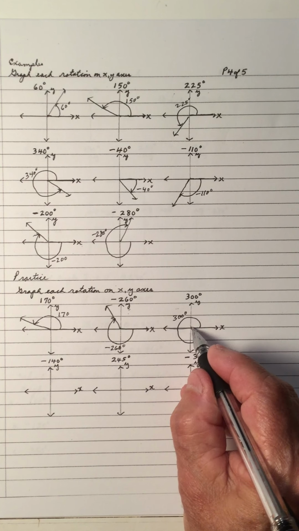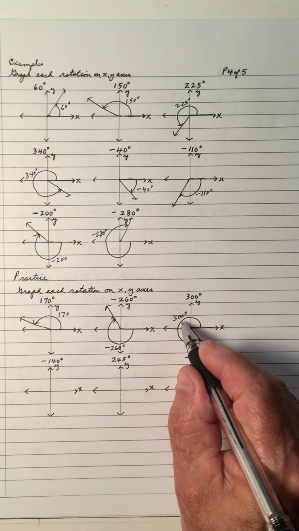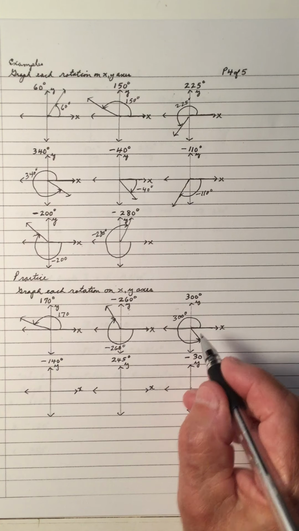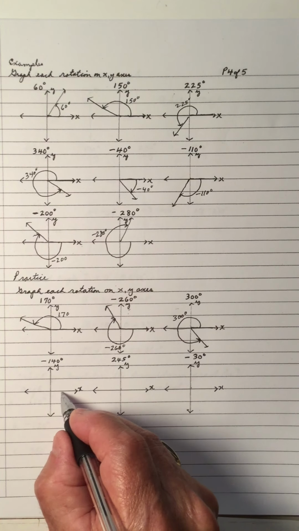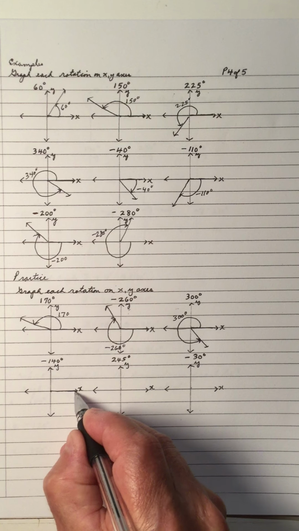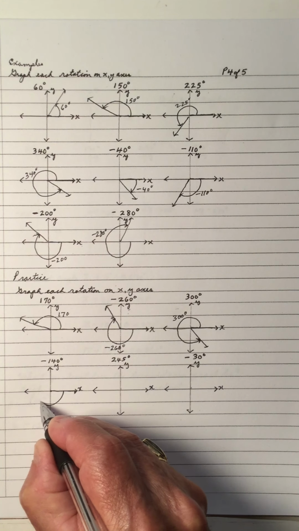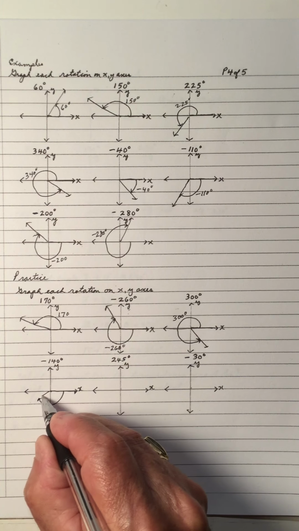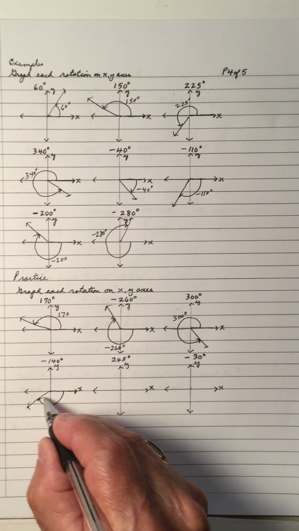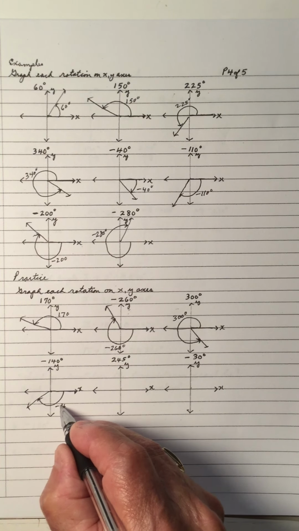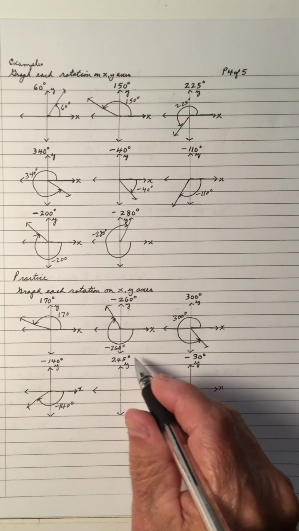Notice that we start from the initial arm. Positive goes counterclockwise, negative goes clockwise. Negative 140, initial arm is here. We start from the initial arm, negative 90, and some more. So we're in this quadrant. Negative 140.